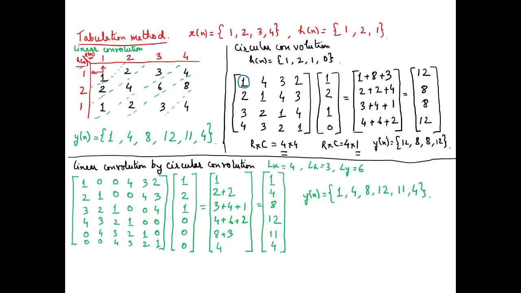So now we will be doing multiplication of each row value with the column value. So 1 multiplied by 1, 1, 1 multiplied by 2, 2, 1 multiplied by 3, 3, 1 multiplied by 4, 4. Similarly, 2 multiplied by 1, 2, 2 multiplied by 2, 4, 2 multiplied by 3, 6, and so on. Done. Now we will be drawing some diagonal lines like this.